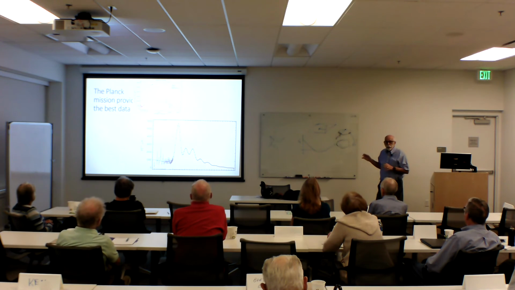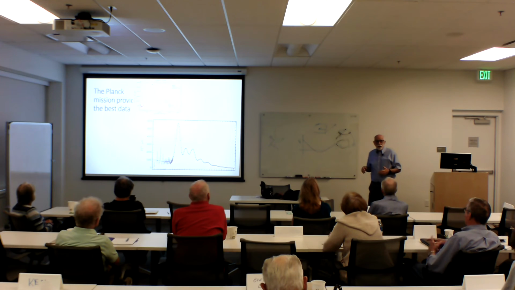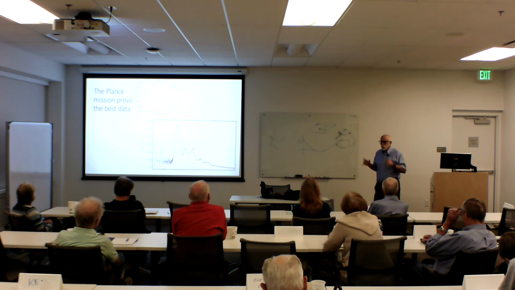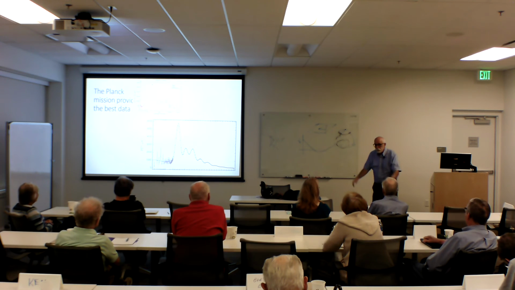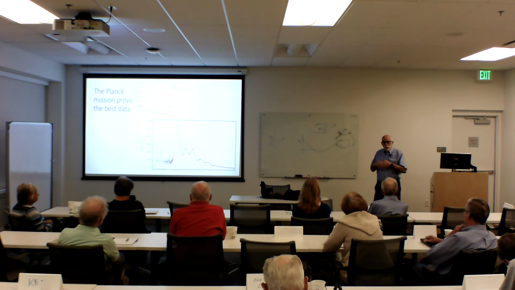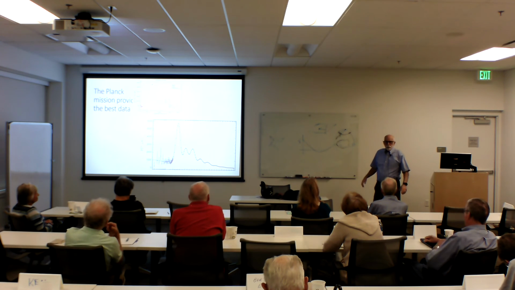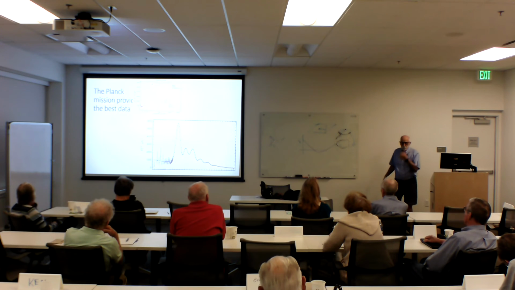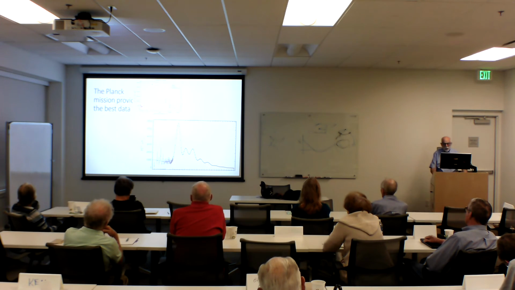Remember, the light we're detecting came from 380,000 years after the birth of the universe. That light has been going in all directions unimpeded by that cloudiness of the early universe. And look at the quality of this data.